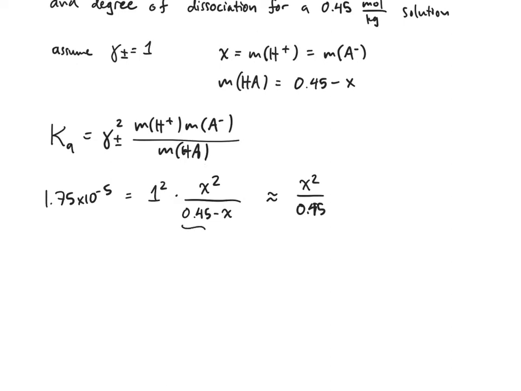Why is that? Because here we know that this dissociation constant is so small, which means that the reactants are going to be heavily favored, or this HA will be heavily favored. Okay?